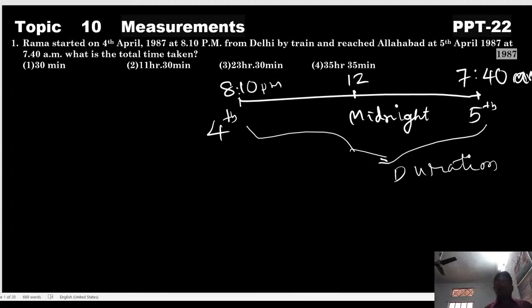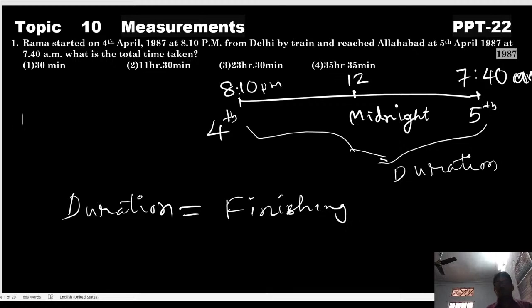To find the duration of the time, we know the formula. Duration of activity, or duration of time, is equal to finishing time minus starting time.